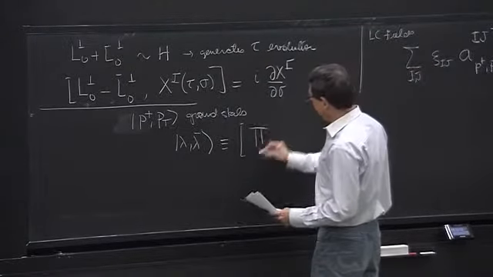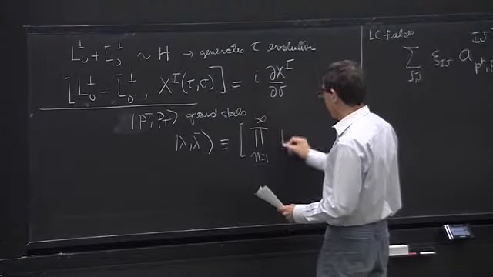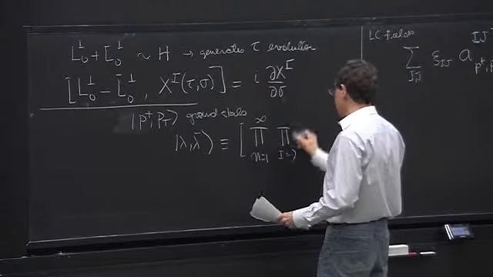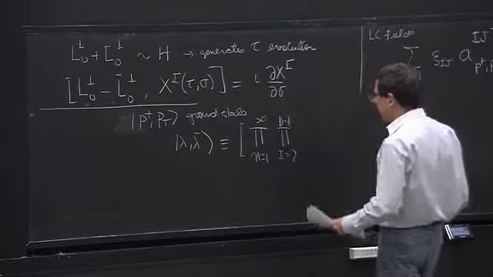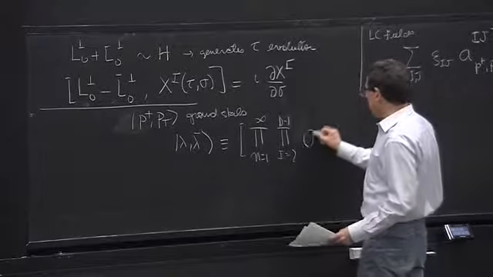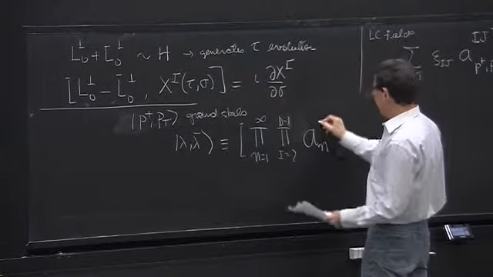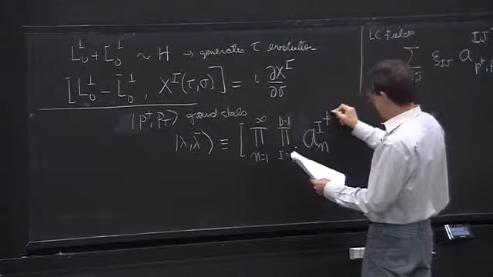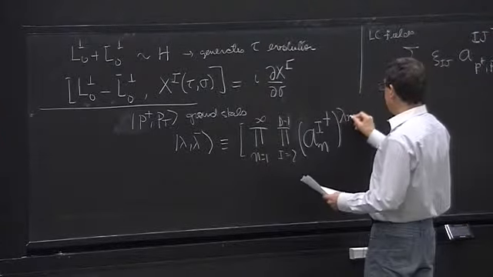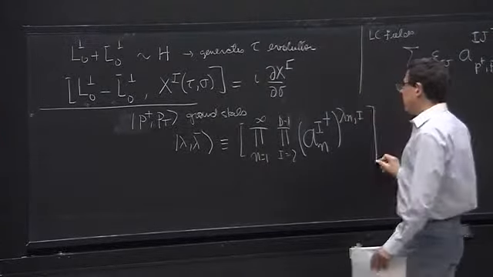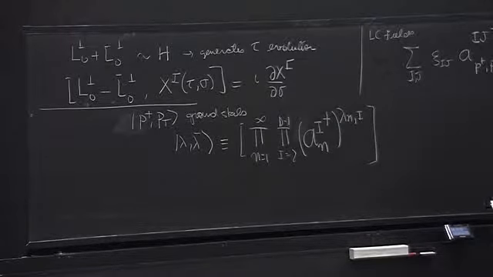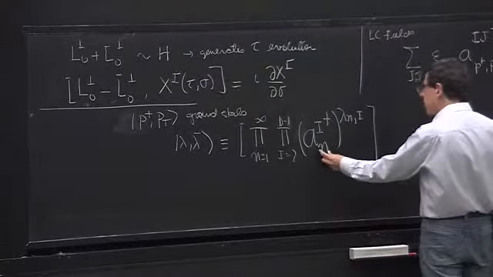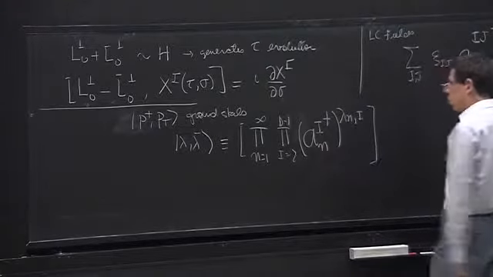So we'll put a_n's from n equal 1 to infinity, from I equal 2 to d minus 1, space-time dimension minus 1, and you put a_n^I dagger to the lambda_nI. These are creation and annihilation operators normalized to 1. Nevertheless, they contribute to the number operator n, not 1, n.